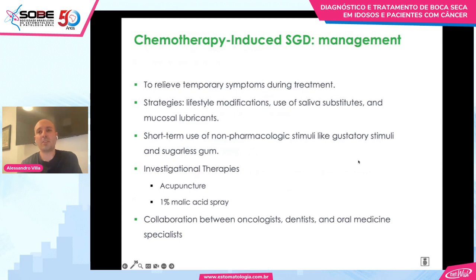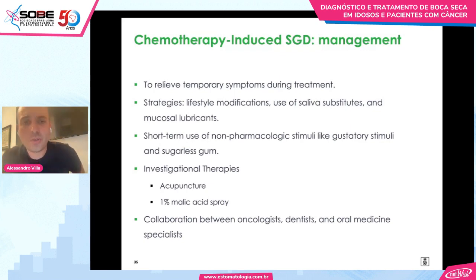In terms of management, it's important to try to relieve the temporary symptoms, especially during the treatment while they're receiving the chemo. There are some strategies, including the use of salivary substitutes, mucosal lubricants, and some lifestyle modifications also in terms of diet.